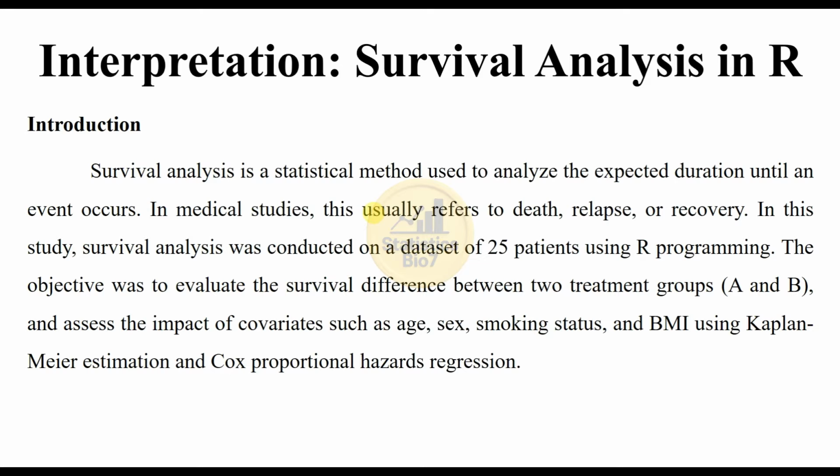In this study, survival analysis was conducted on a dataset of 25 patients using R. The objective was to evaluate the survival difference between two treatment groups, A and B, and assess the impact of covariates such as age, sex, smoking status and BMI using Kaplan-Meier estimates and Cox Proportional Hazards regression.